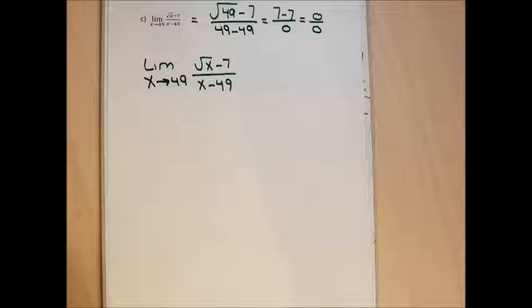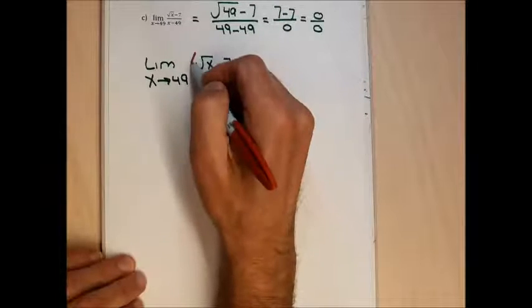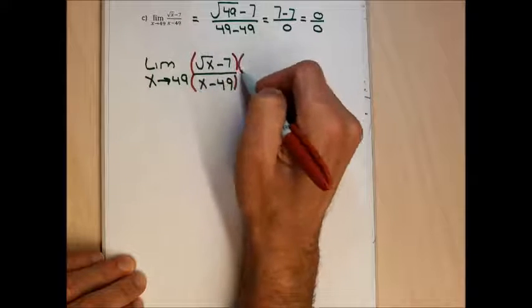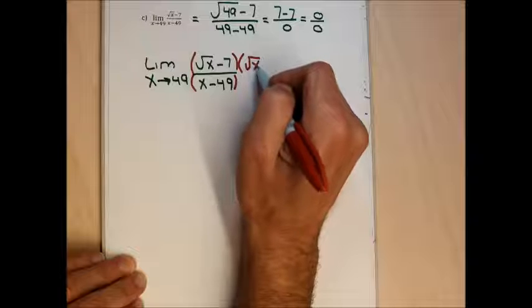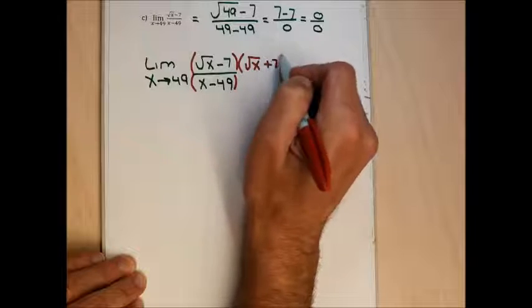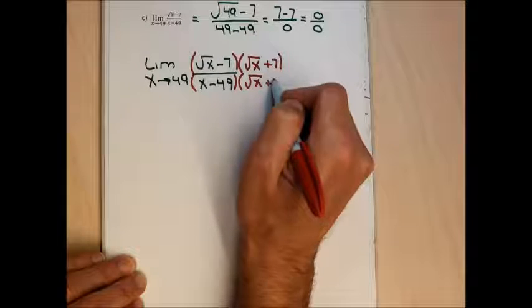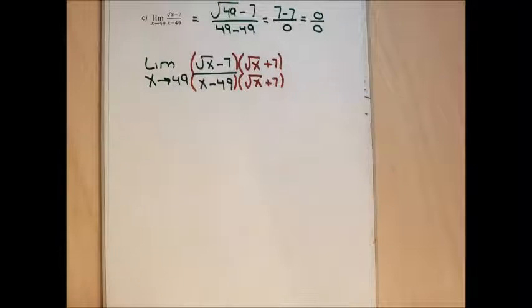For this problem, we have to multiply by whichever the numerator or the denominator has the square root with the sign changed. So I'm going to multiply by the square root of x plus 7 over the square root of x plus 7. The reason this is going to be a good thing is because when I simplify the numerator, it's going to make something cancel with the denominator.